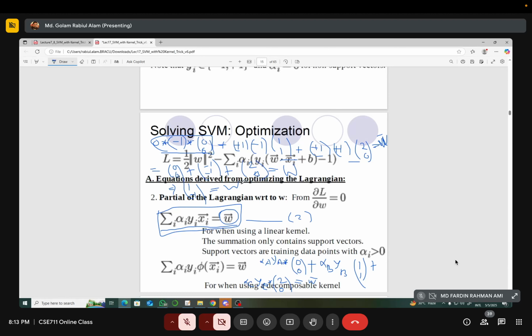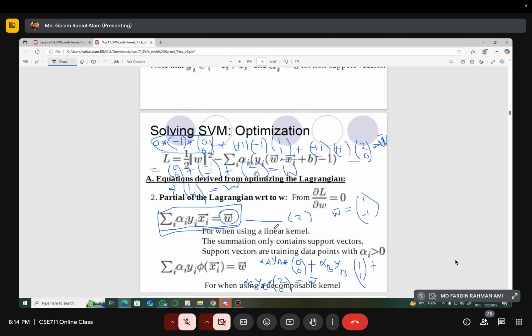So w is a vector, and in that vector we get the values 1 and negative 1.